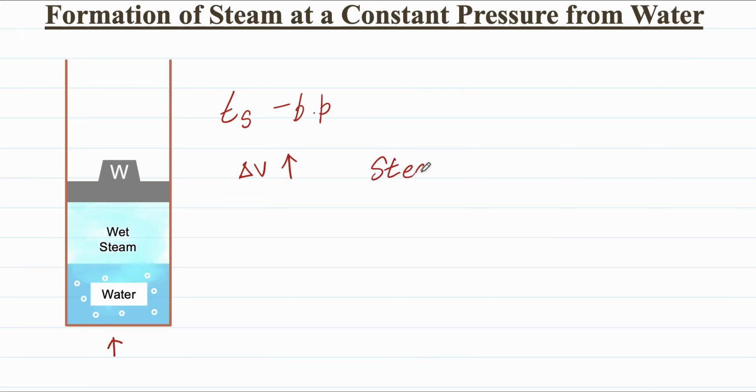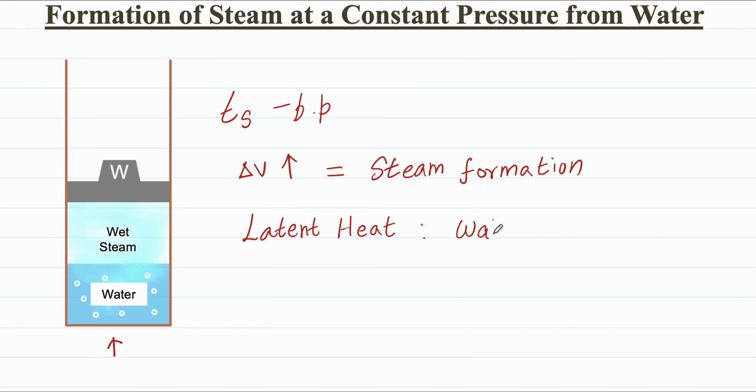So at saturation temperature, steam formation occurs. So the heat that is supplied that does not show any rise of temperature but changes water into vapor state is called latent heat. Latent heat is involved in changing water into its vapor state, that is steam.